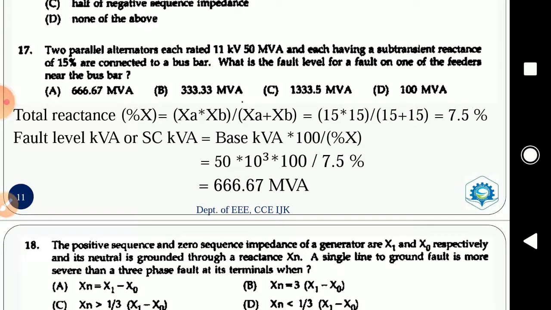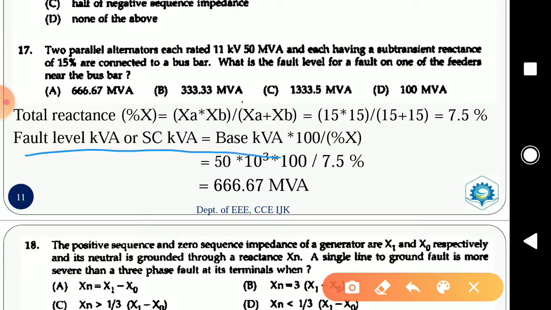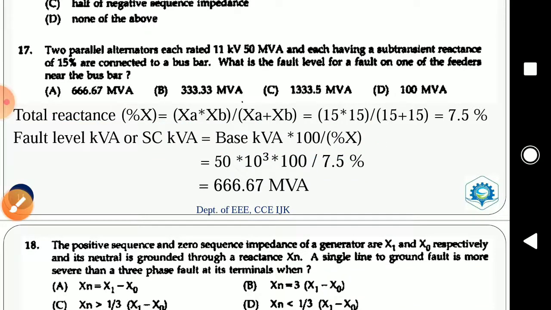Now, we need to find the fault level or the short circuit KVA. The main equation is: fault level KVA is equal to base KVA into 100 divided by the percentage impedance. Now, the percentage impedance is the total impedance of the system, and since the two alternators are in parallel, you have to take the total parallel impedance.